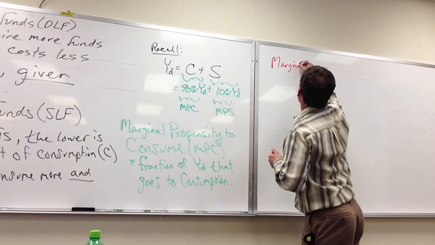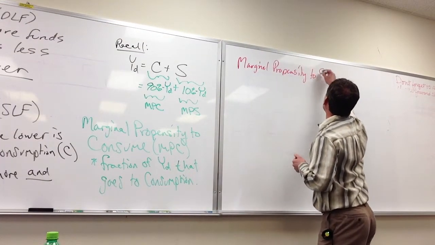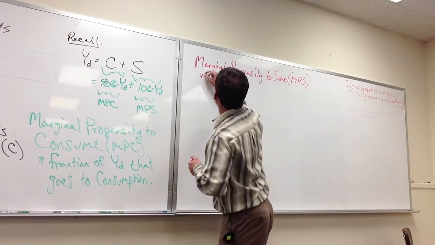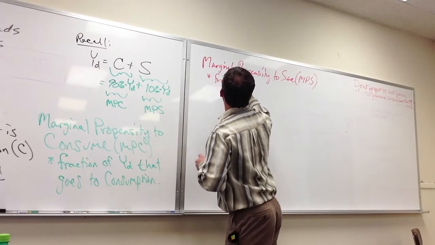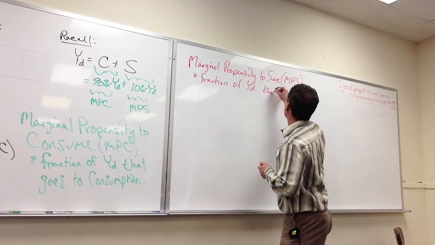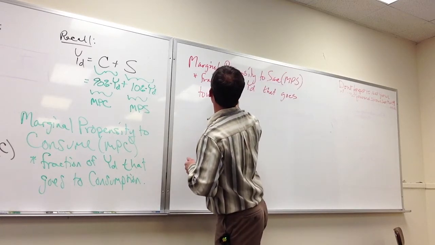The marginal propensity to save, the MPS, is the fraction of income that goes towards savings.